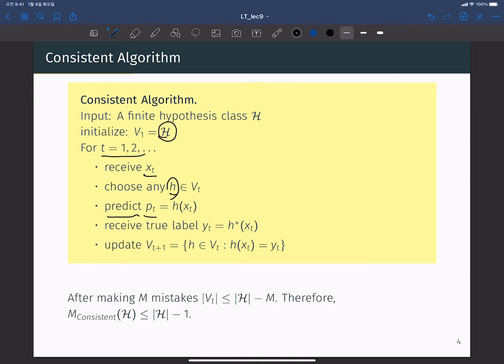So pt is equal to h of xt, and then receives the true label yt. The true label yt comes from h star, the true hypothesis. Of course, h star is not given to the learner, so the learner has to find h star. And then update Vt plus 1.